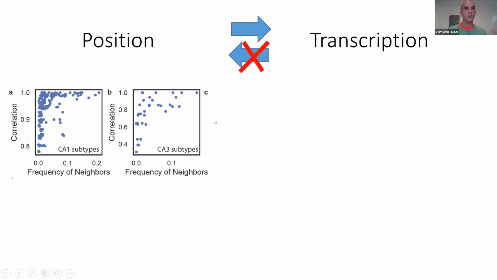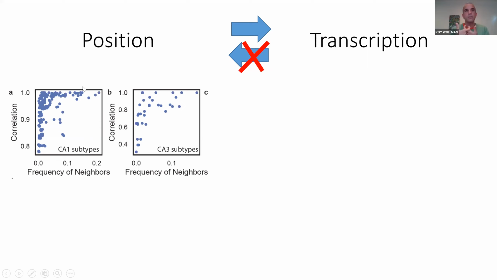So again, looking at those two regions, let's look at the CA1 neurons, and this is frequency of neighbors. For each one of those pairs of possible types, we're asking how many of your neighbors are from the other type. This is our measure of co-localization, and the gene expression correlation is on the y-axis. If you are co-localized, if a lot of your neighbors are shared, you will have very high gene expression correlation.